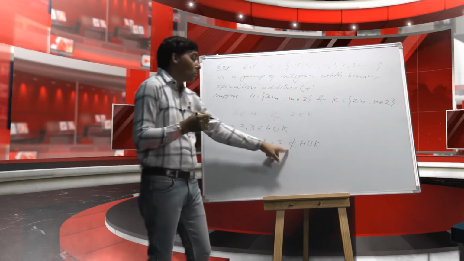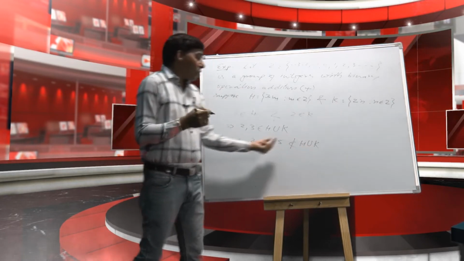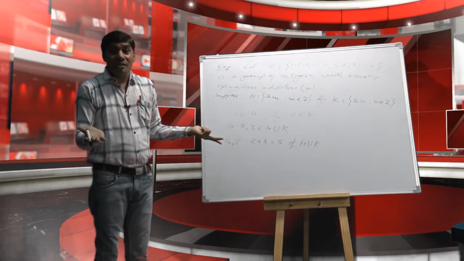That means 5 does not belong to H union K. So the closure property is not satisfied.